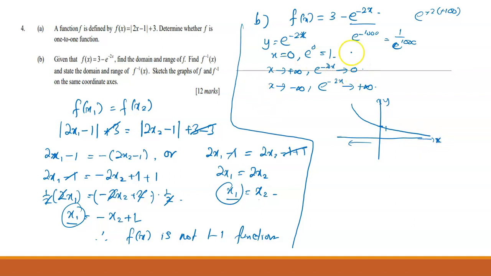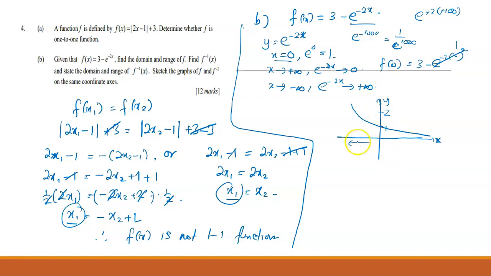But then, class, when we have this 3 minus e power of negative 2x, so for example, when x equal to 0, e power of 0 equal to 1. So when x equal to 0, f(0), then 3 minus e power of negative 2 times 0. And this is 1. So 3 minus 1 equal to 2.